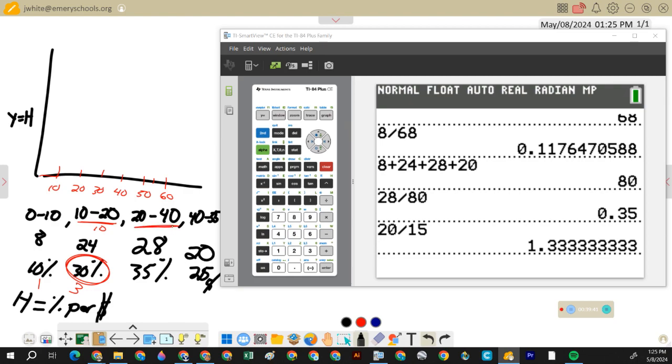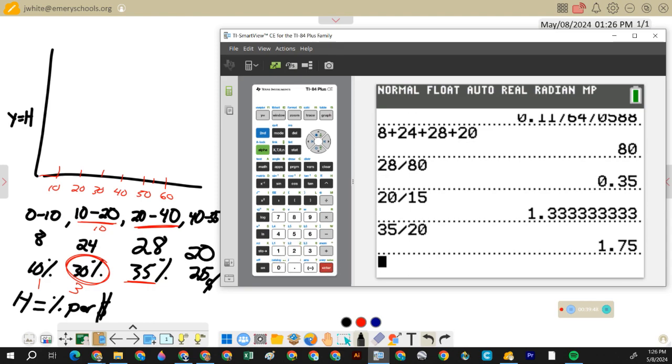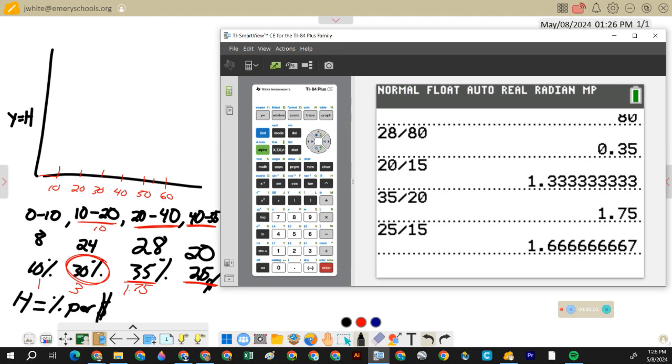This box has a width of 20 and an area of 35, so 35 divided by 20 is a height of 1.75. And this has an area of 25 and a width of 15, so this is 1.66.